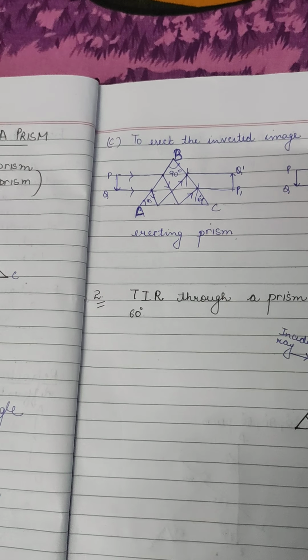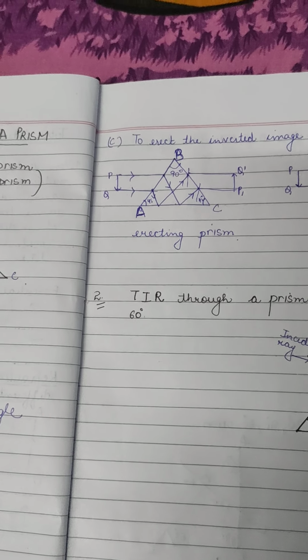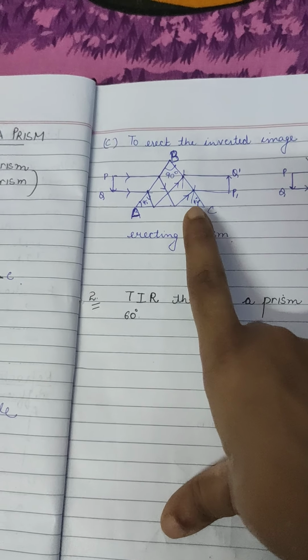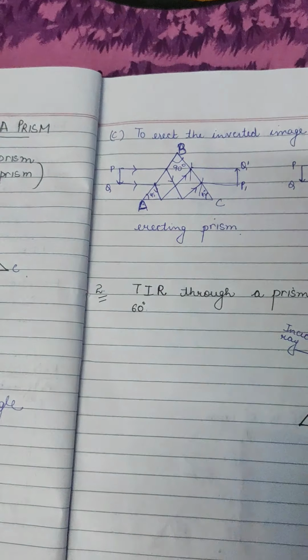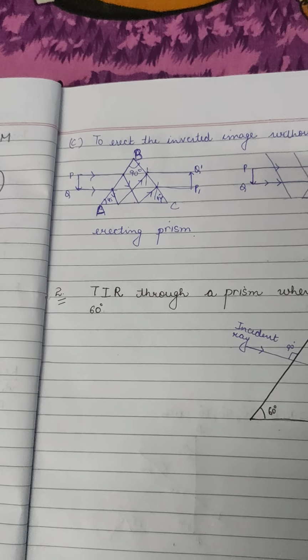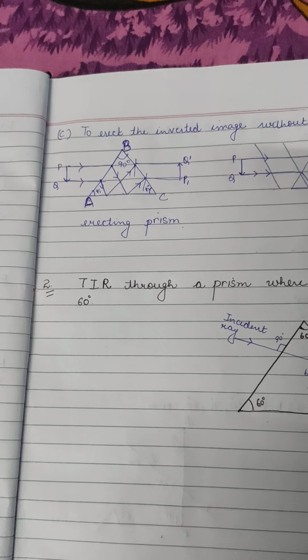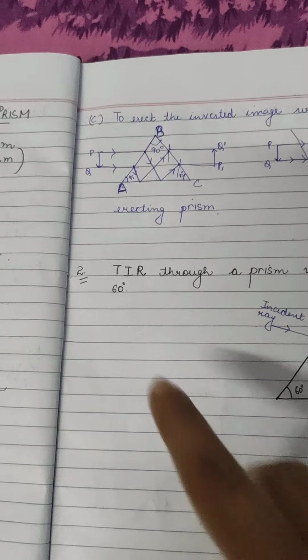When it strikes the face BC at an angle of incidence less than the critical angle, it suffers refraction from glass to air and bends away from the normal. The beam emerges parallel to the face AC. What happened here?